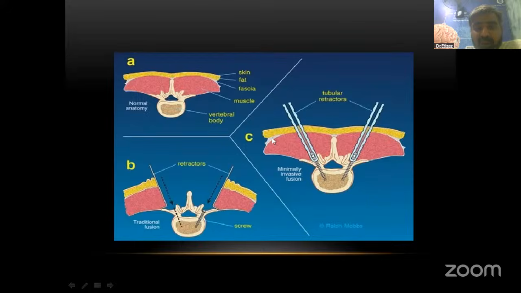Comparatively, when we are doing minimally invasive surgery, whether percutaneous, with a tubular retractor, or with the help of endoscopic surgery, there is no need to retract these muscles. We just give one incision and put a tubular retractor under fluoroscopic image guidance, and then we can reach there.